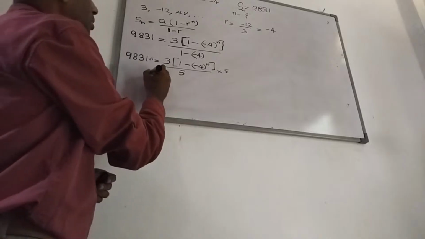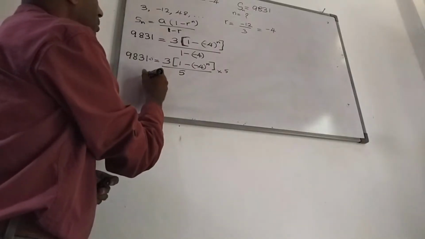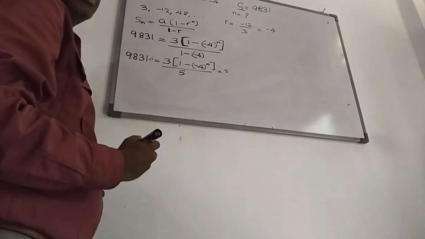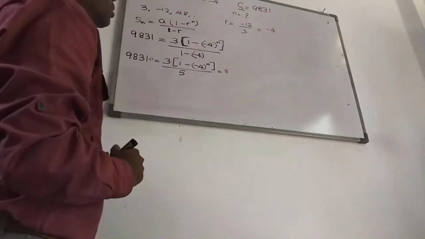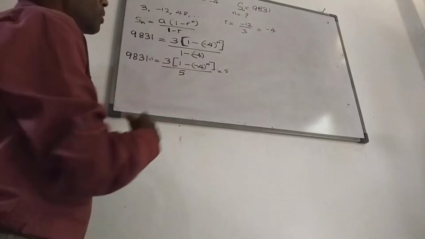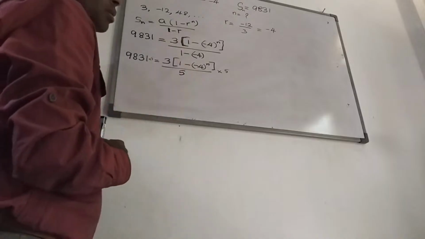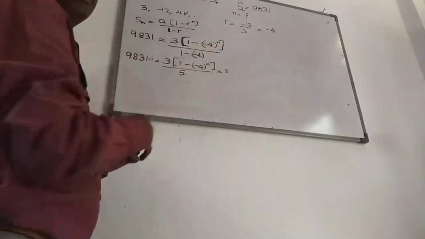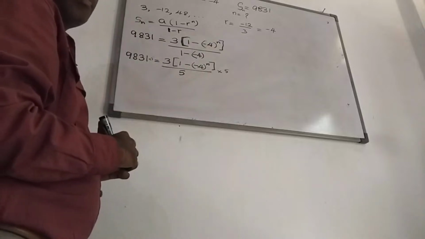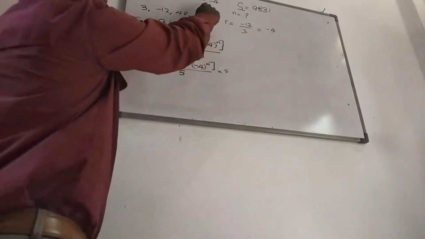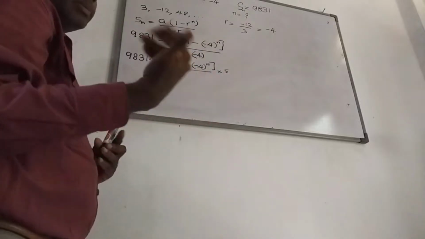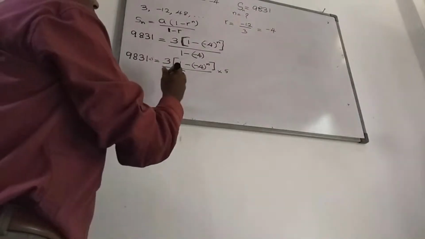Then 5 times the other side. Here r is negative 4, which is less than 1, so 1 minus r is 1 minus negative 4, which is 5.